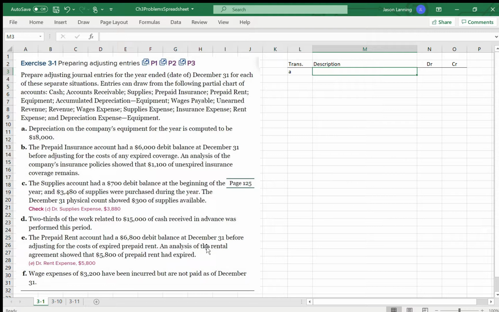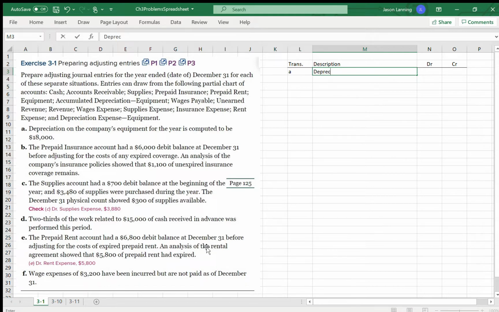Well, again, if you've read the text or heard me in class, when we talk about depreciation, we're basically looking at how much we've used this asset, because we know as we put assets through wear and tear and use, the value of them is going to decrease. So when we talk about depreciation expense, we're talking about how much we've used an asset.